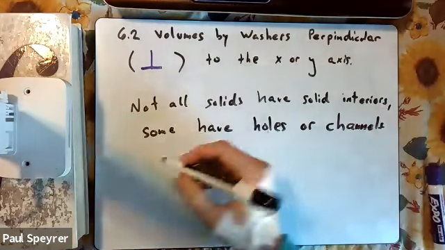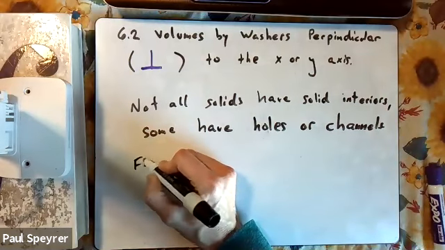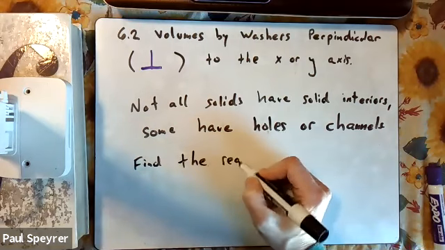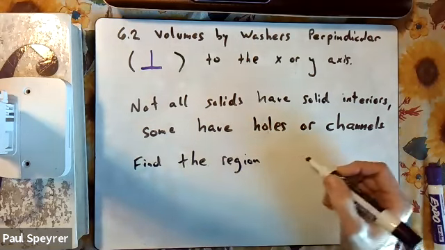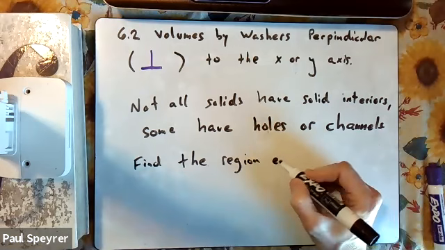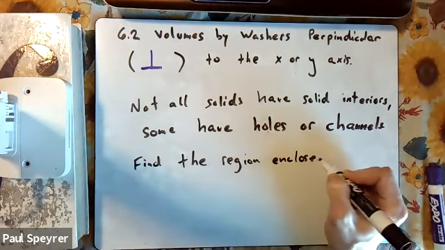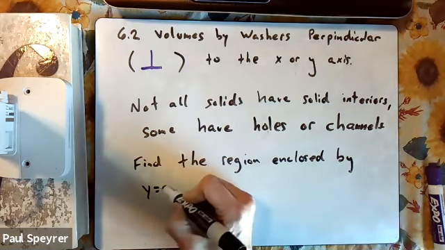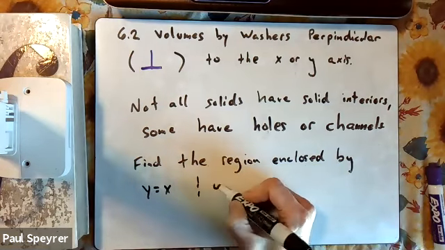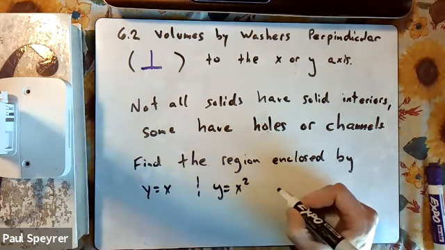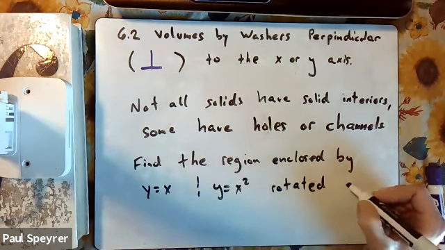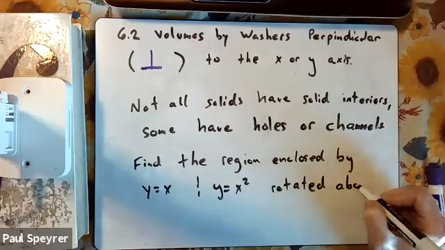So let's say, for example, we wanted to find the region enclosed by y equals x and y equals x squared rotated about the x-axis.